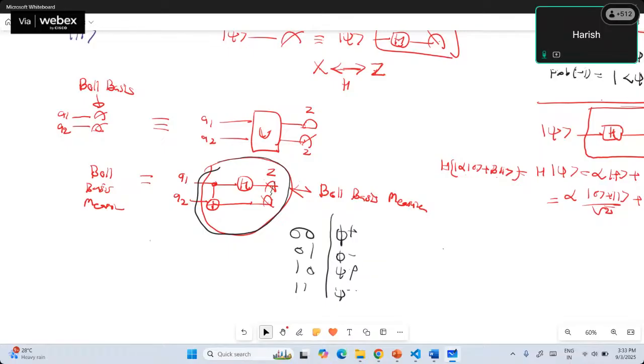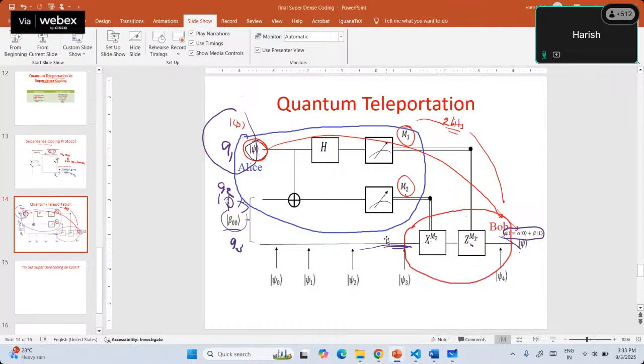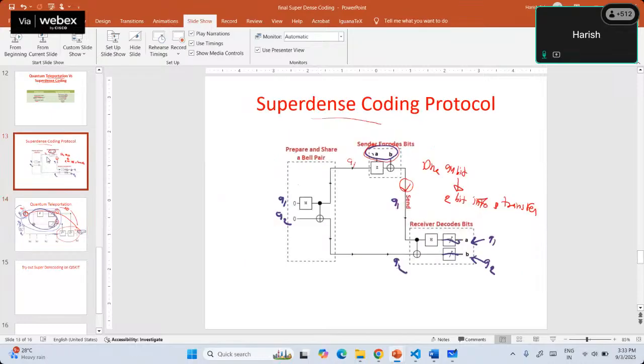See here, this thing was in quantum teleportation. What it was, was nothing but Bell basis measurement. And the measurement outcomes were depending upon the values, we know which Bell state was measured. If you see here in the superdense coding protocol, again at the decoding of these bits, Bob is doing the Bell basis measurement.